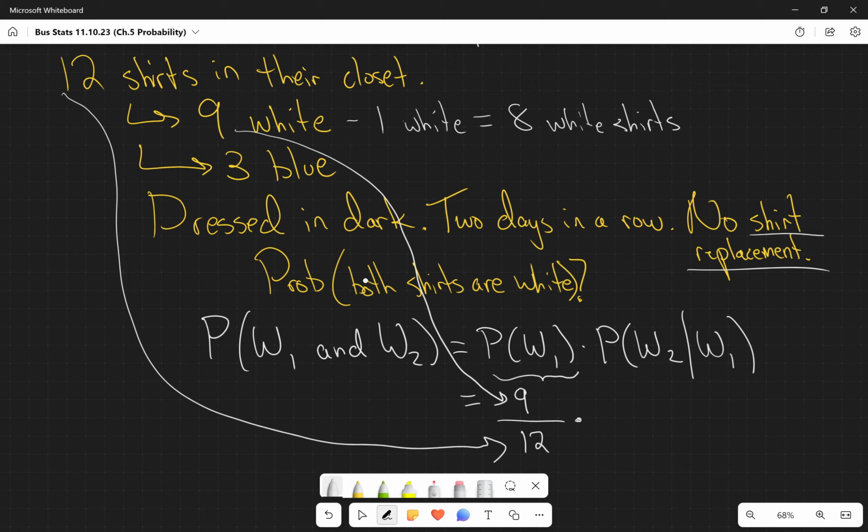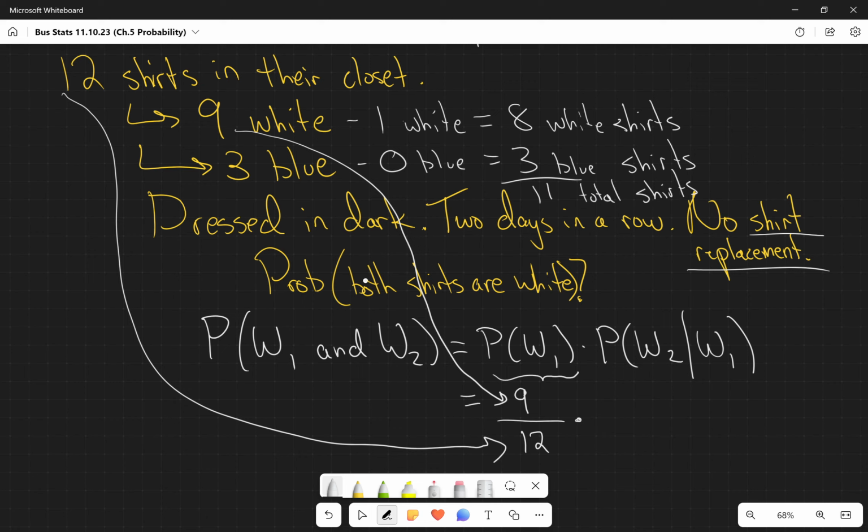Now, what has happened to my blue shirts? I didn't select any blue shirts, so there's still a possibility of 3 blue shirts. And now how many shirts are in my closet? There's no longer 12 because I wore one yesterday and I didn't replace it. There are 11 total shirts in my closet.